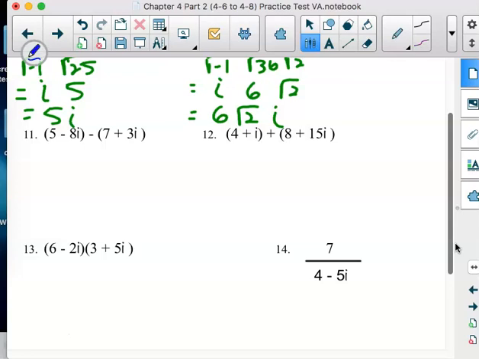Alrighty. Looking at number 11. Oh, we might have to finish these tomorrow. Well, let's do this one real quick, then we'll finish it up. What do you see? This is subtraction. Is that negative in between there important? Yes, we have to distribute the negative.